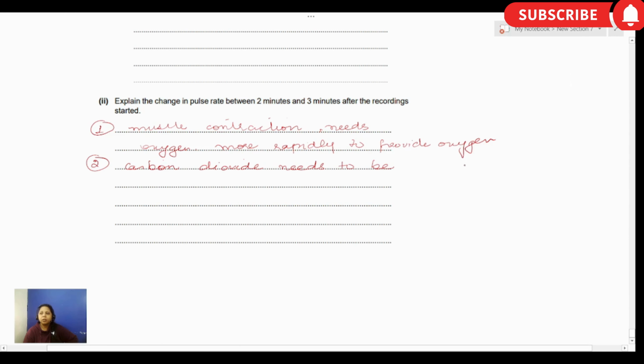What could be the third point? Increased demand of nutrients. Now, for aerobic respiration, we need glucose. So this also has to be transported through blood. If the pulse rate is high, only then it would be more.